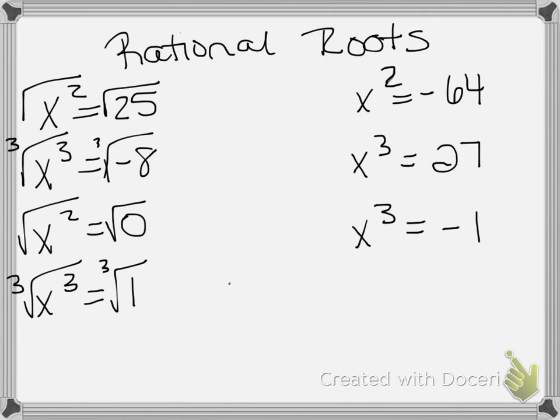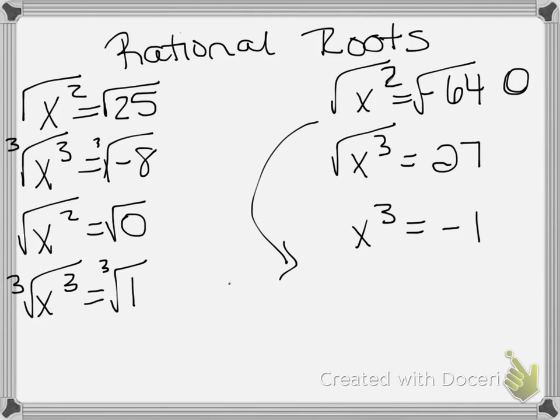I got a little too carried away there. Wait a minute. Is there any way to square 8 and get a negative 64? Well, 8 times 8 is positive 64. Negative 8 times negative 8 is 64. So this one has no rational roots.